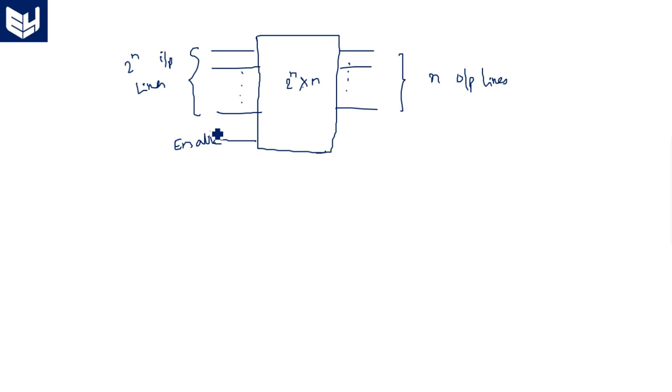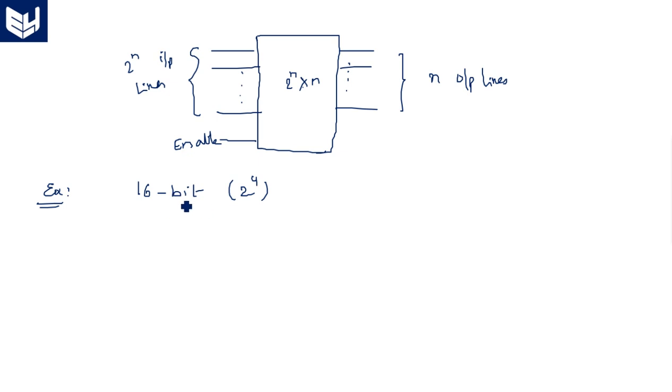The main application is in the communication field, because when we are sending 16-bit data from one place to another place, we need to encode that data into a limited version like 4 bits. Suppose for example, we have 16-bit data which can be written as 2 power 4.